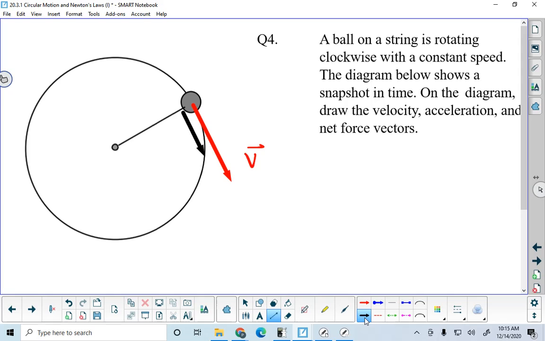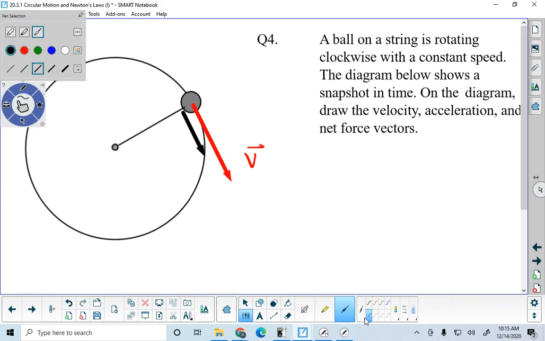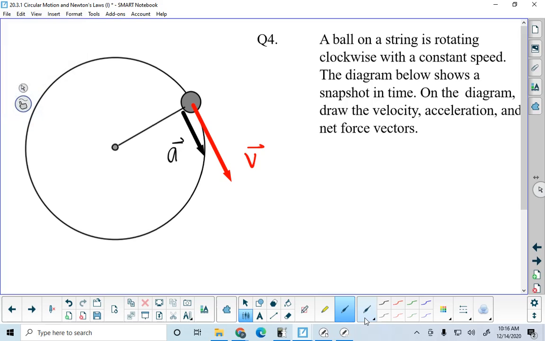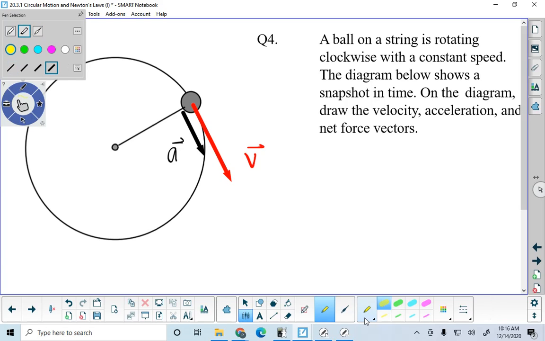Imagine that it's accelerating in that direction. That cannot be right, because if it were accelerating in that direction, it would be speeding up, wouldn't it? If the acceleration is in the same direction as the motion, it's going to be speeding up. But it has to move at a constant speed. Right? It has to move at a constant speed. So the acceleration can't be that way.